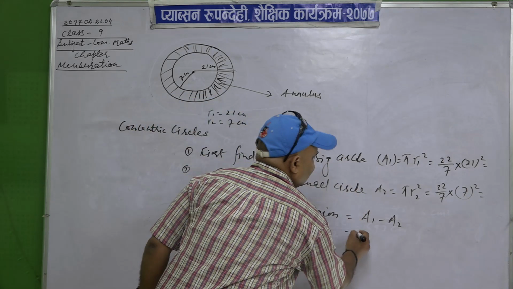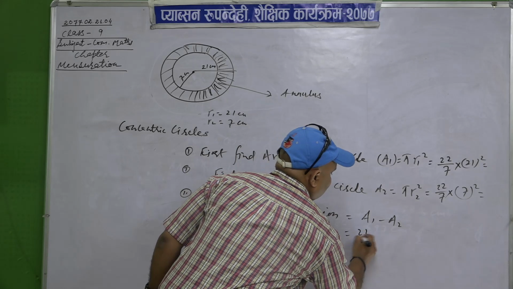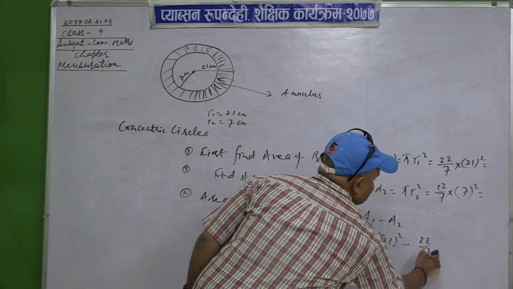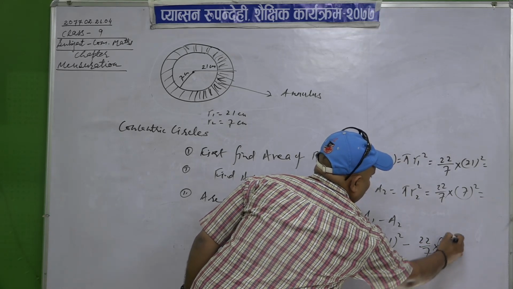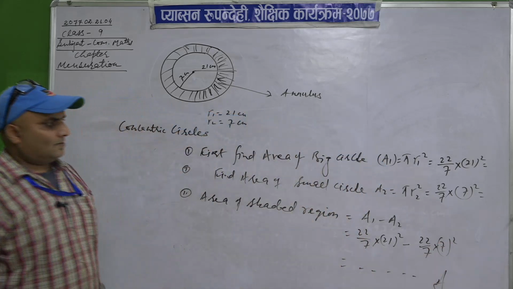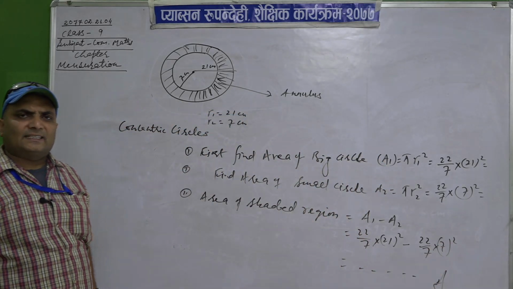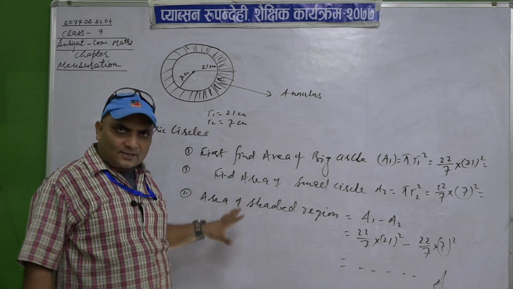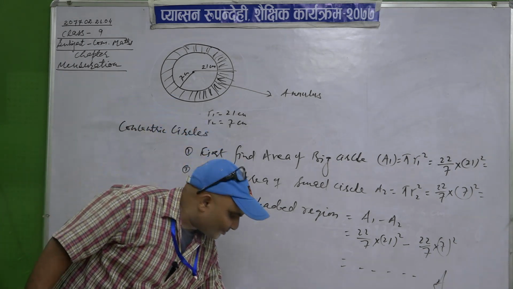Now, put the values: 22 upon 7 into 21 whole square minus 22 upon 7 into 7 whole square, and you will get the result. Okay? Is it clear? Okay. Thank you very much for today's circle problem.